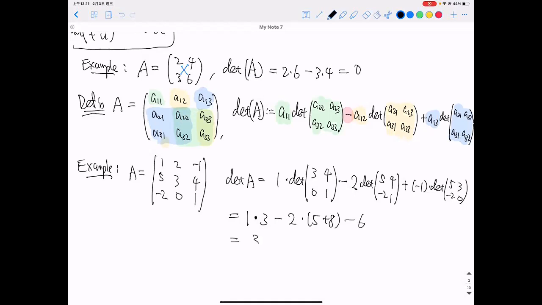Okay, so it's 3 minus 4 minus 11. That's 15. 3 minus 15, negative 12. Okay. All right.